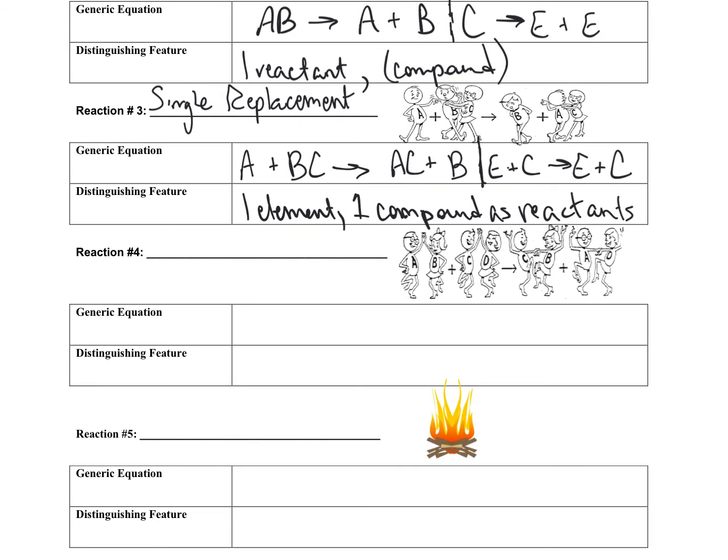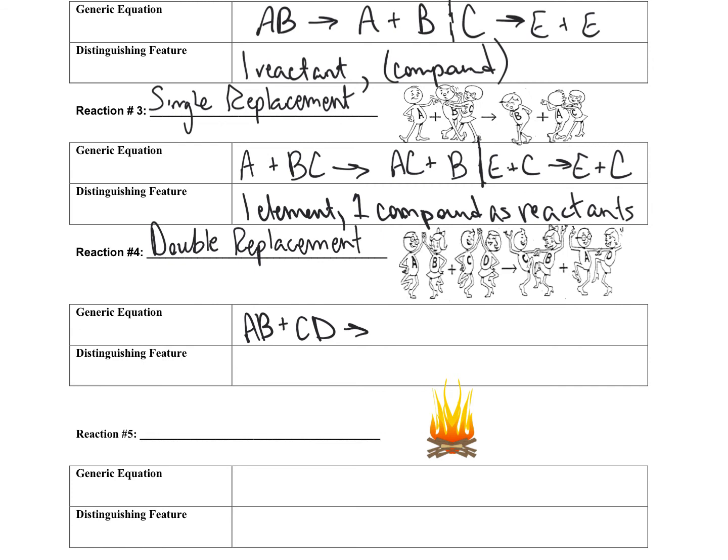Reaction type number 4 is called a double replacement reaction. In a double replacement reaction, you are going to start with 2 compounds. So maybe you have AB and CD. And what's going to happen is the first part of each reactant is going to flip.